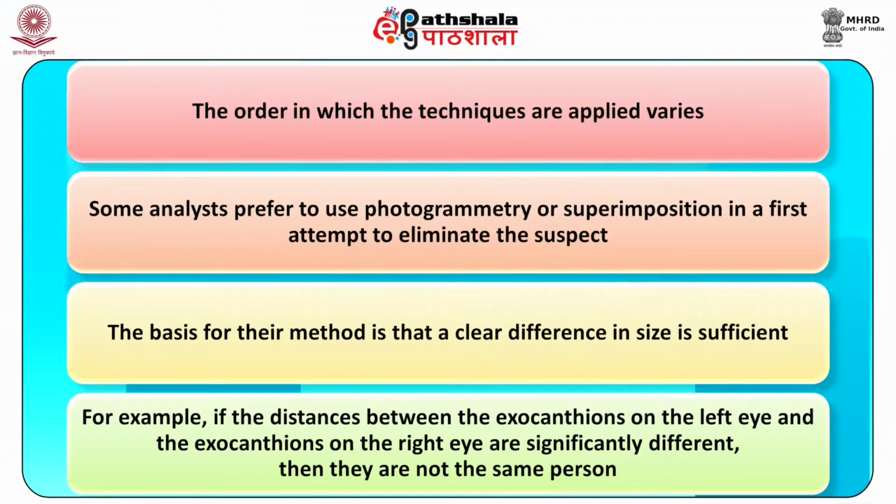Some analysts prefer to use photogrammetry or superimposition in a first attempt to eliminate the suspect, and the basis for their method is that a clear difference in size is sufficient for their study. For example, if the distances between the exocanthion on the left eye and the exocanthion on the right eye are significantly different, then they are not the same person.